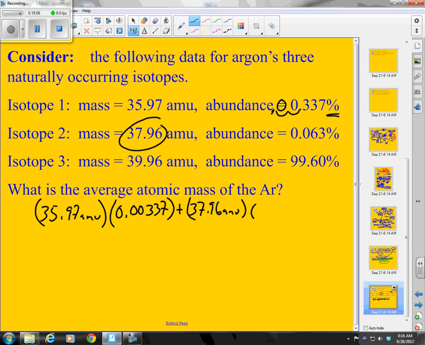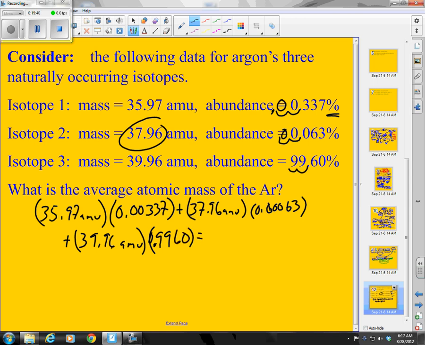Have to move this decimal 2 places to the left, 1, 2, and I have 0.000, those are zeros, 63, plus mass 3, 39.96 AMU, times my abundance, move my decimal 2 to the left, 0.9960.